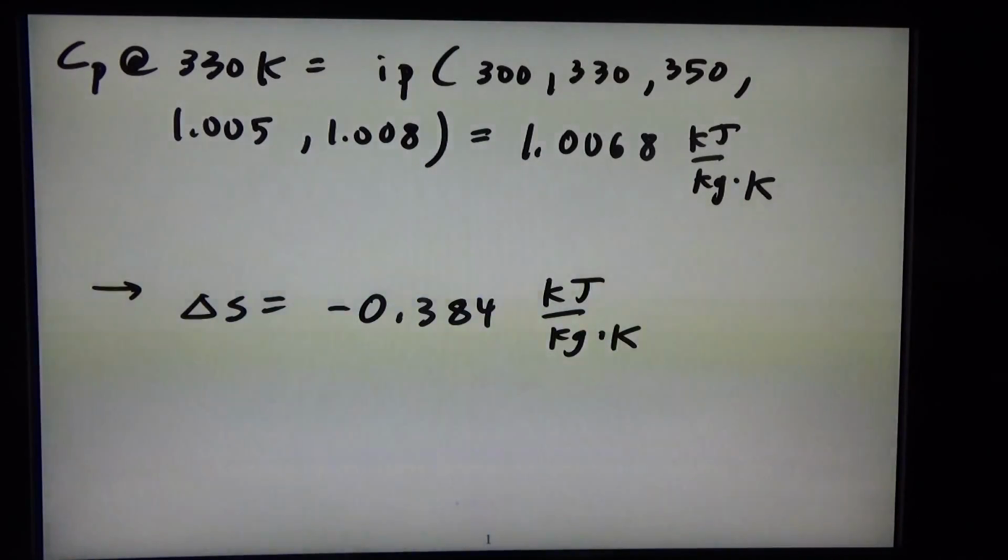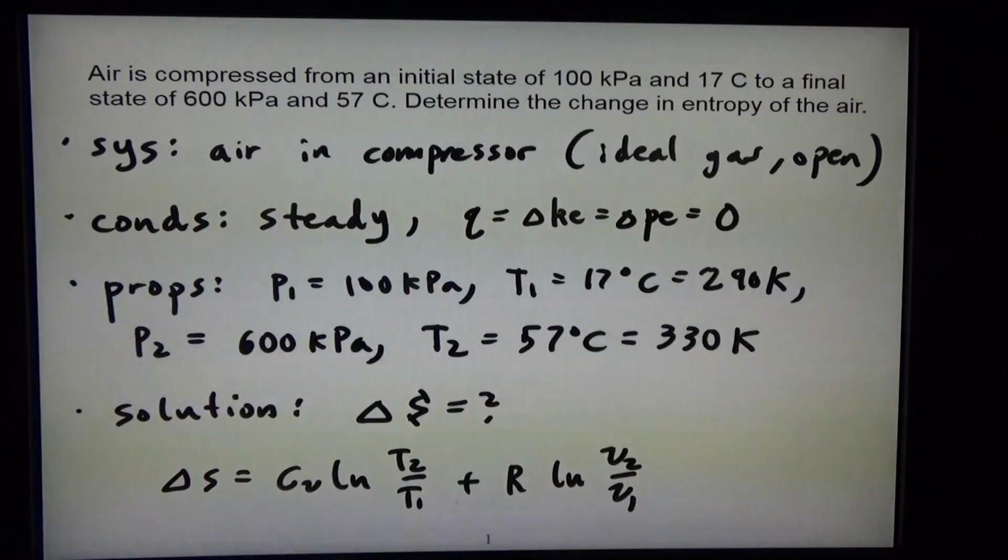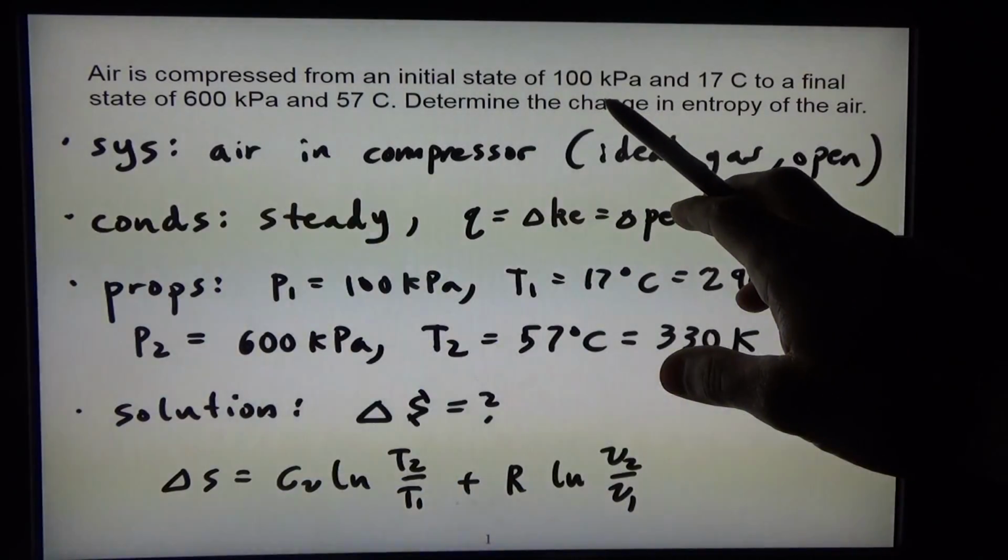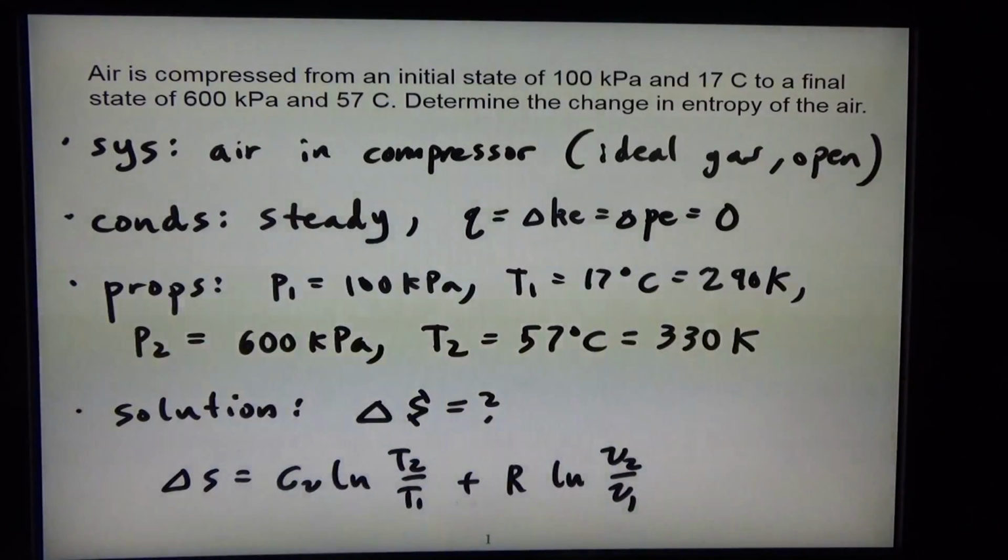The last thing is the question technically asked, what is the change in entropy of the air? Alright, the change in entropy, that's capital S. And all we found was the change in specific entropy. But it doesn't look like we have enough information, so I think there's probably a typo in this problem statement. We do have the pressure, we have the temperature at the original state, but even using the ideal gas law, we don't know the volume, so we won't be able to determine the mass.